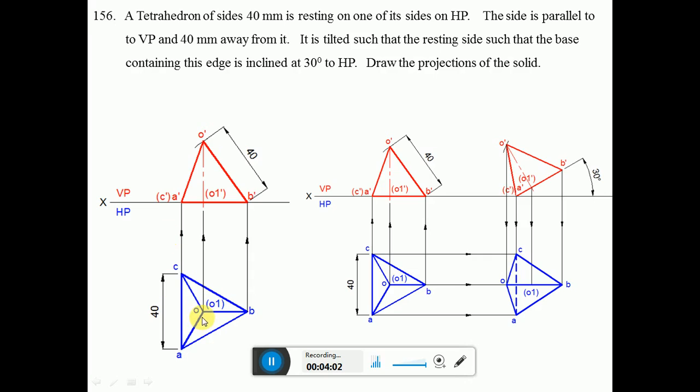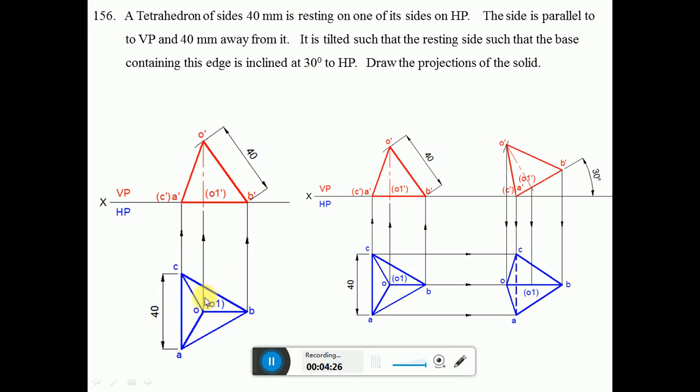Now the only one, OB, is parallel to VP, so I am getting the true length now. So how to find out the true length? The true length is going to be the 4th side of the tetrahedron. So you project this point B onto the XY line, so you get B dash. Then from this B dash center, take a radius of 40 using the compass.